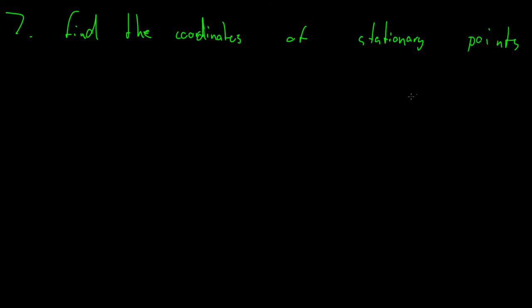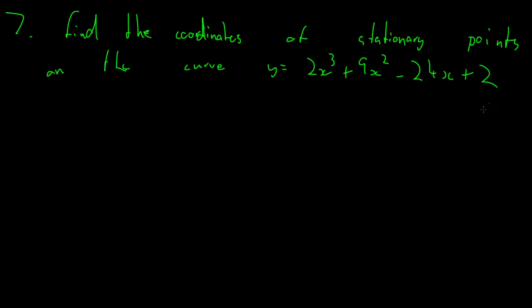Using calculus techniques, find the coordinates of the stationary points of y equals 2x cubed plus 9x squared, take away 24x plus 2.